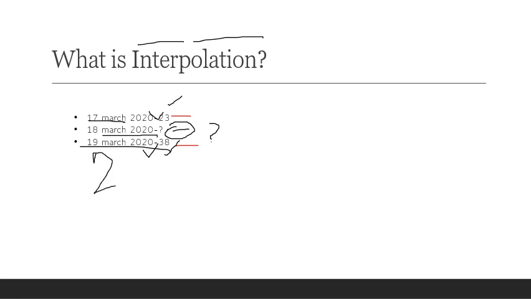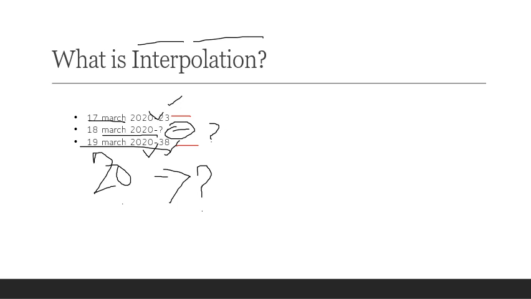And suppose now, to make it very clear, you want to calculate the data for the 20th of March 2020. Is this 20th lying in between the data? No, it is coming outside the data. I am only dealing with 17, 18, 19. It is coming outside the data.